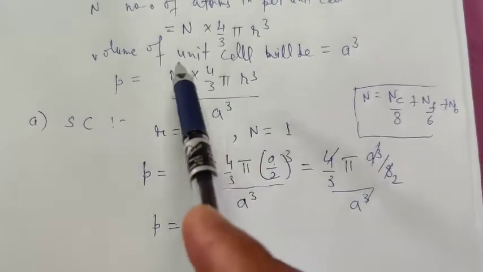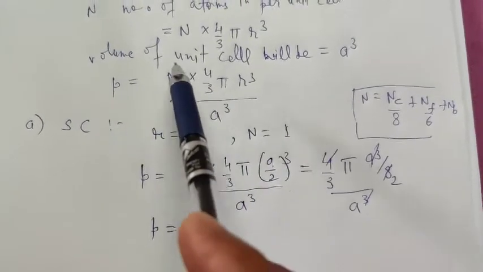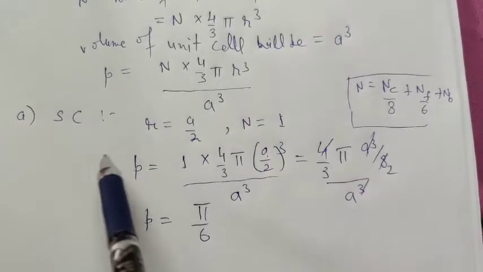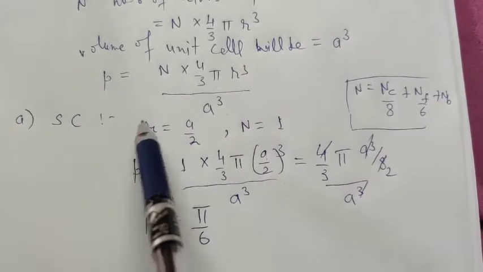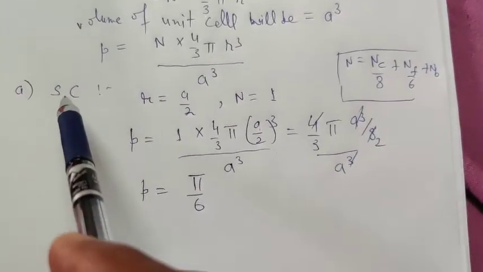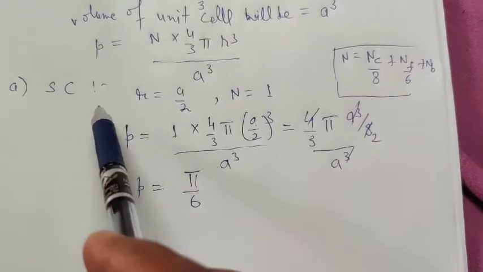The effective number of atoms per unit cell is different for the different types of subsystem of the cubic cell. First, consider the simple cubic system.